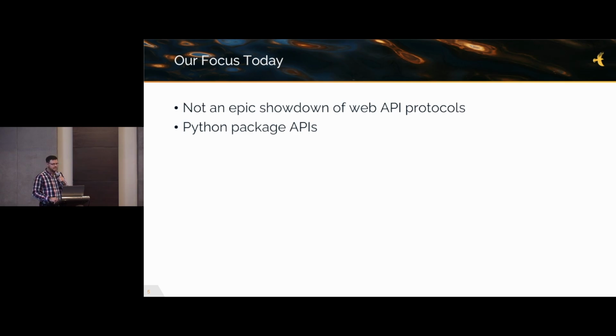And yes, I do consider REST and GraphQL as protocols, not types of API. If you were expecting a condensed version of the first 2 pages of a Google search for different types of API, sorry, that's not it. We are exploring Python package APIs, the interface to your Python package, that which your users will see.